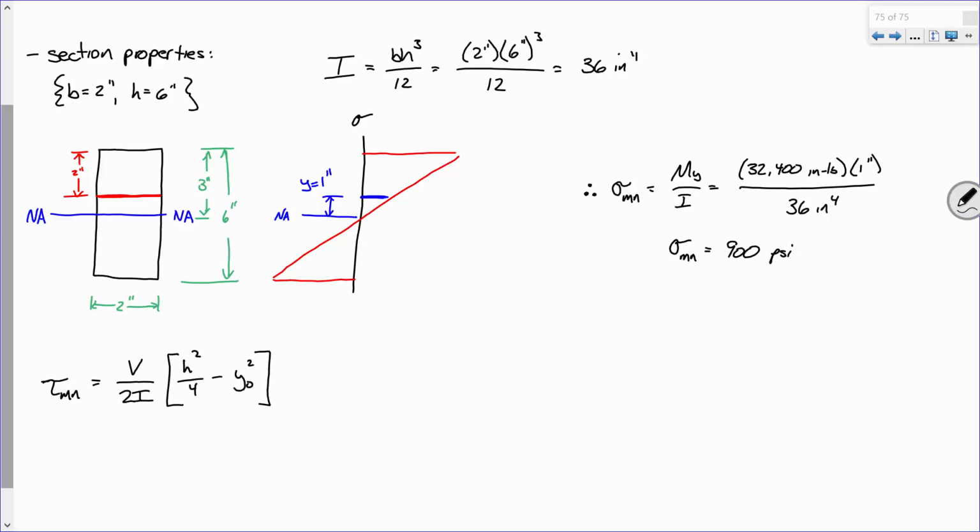Y'all remember that? Did I get that right? I'll make you go through and check and see if I got that right. That's right? Okay. Now, why not? From the centroid to where we're evaluating. So that is 1 inch. All right?